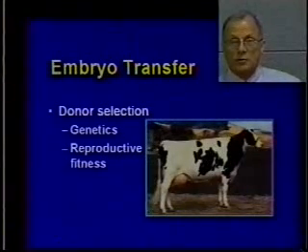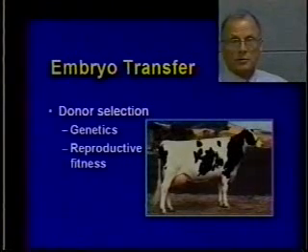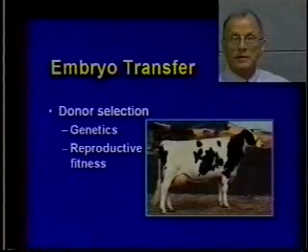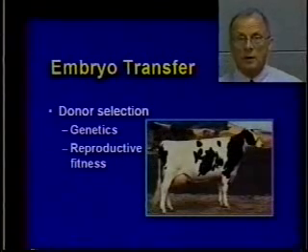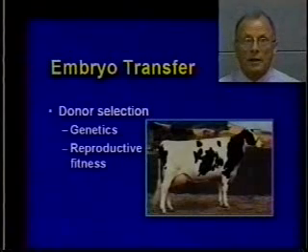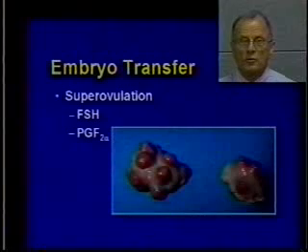But what the owner considers a good donor might be different from what I consider a good donor. I need a cow that is reproductively healthy, has a good history of regular calving, and I find no adhesions and no abnormal structures.